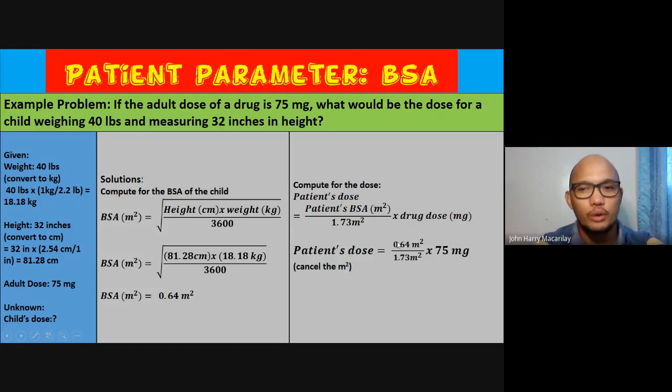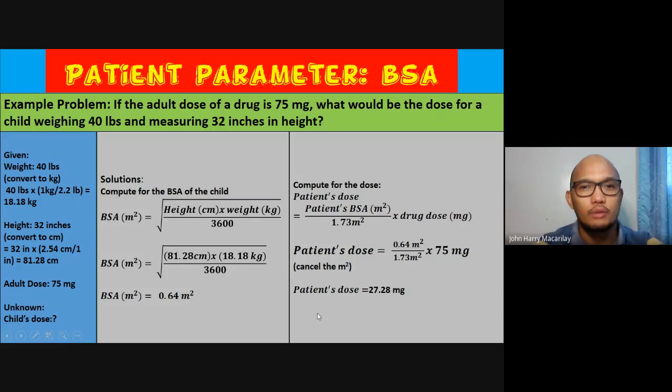It will look like this: 0.64 meter squared over 1.73 meter squared times 75 milligram. So you will cancel the unit of meter squared. What's left is just the milligram.